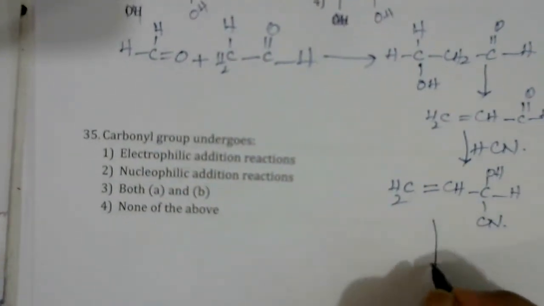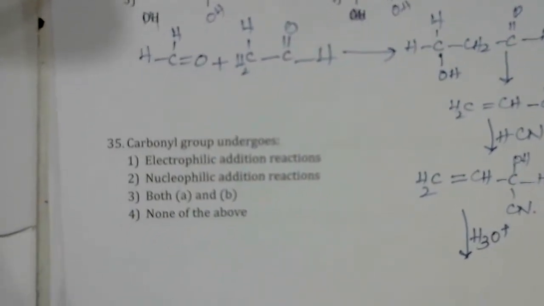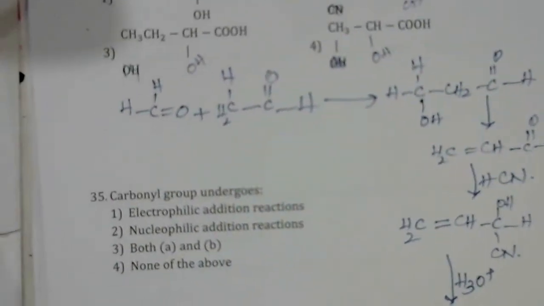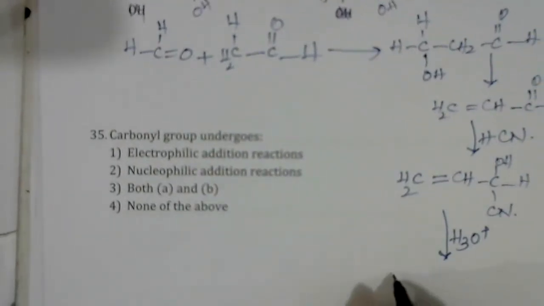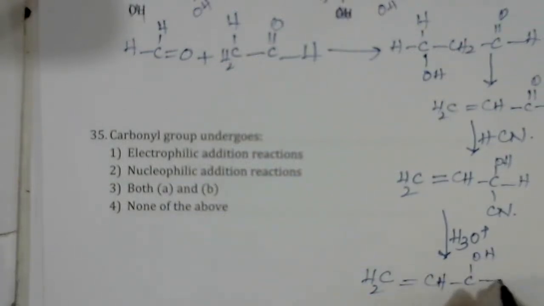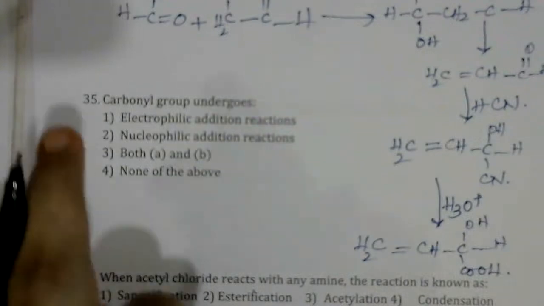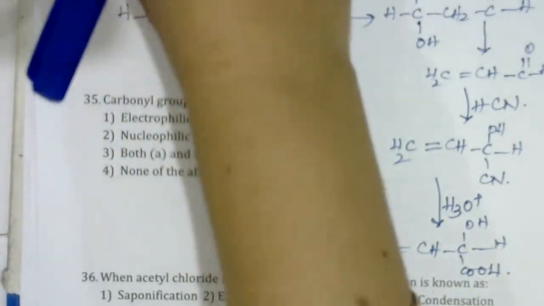Next, this on further acid hydrolysis, they said, is converted into carboxylic acid. OH, H, COOH. They are converted into what? Carboxylic acid. That's why for question number 34, which amongst all the options is correct? The option is the first one.